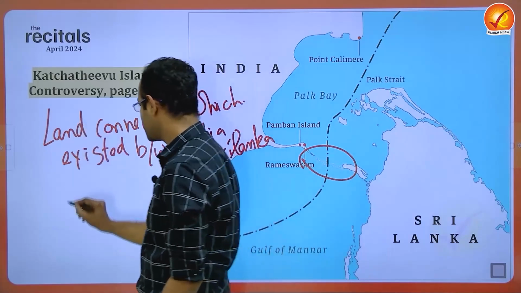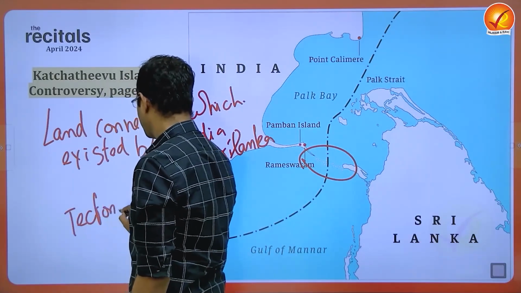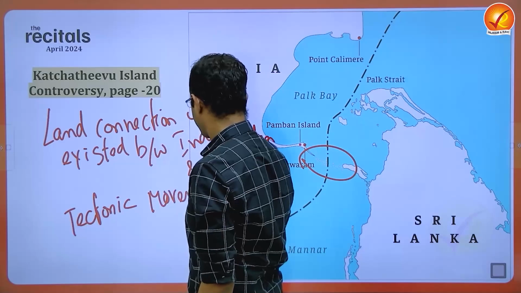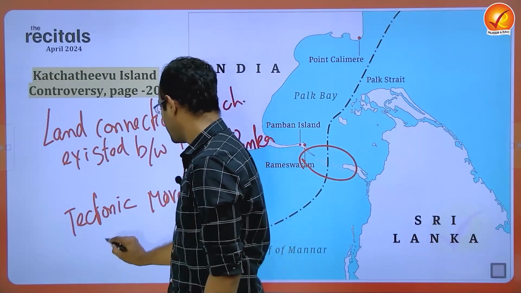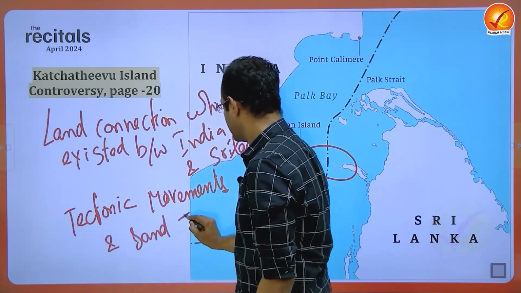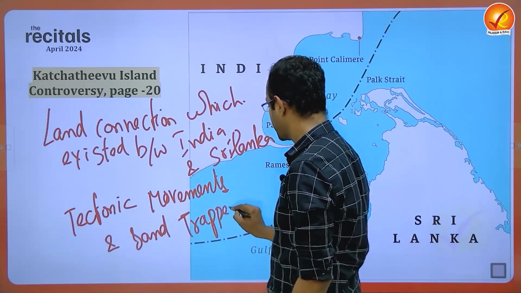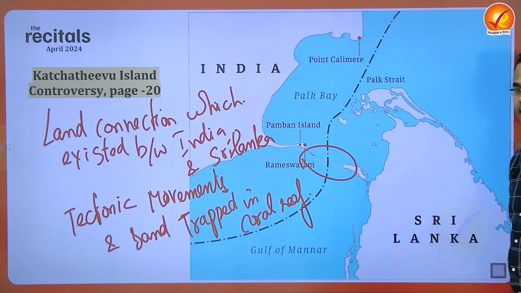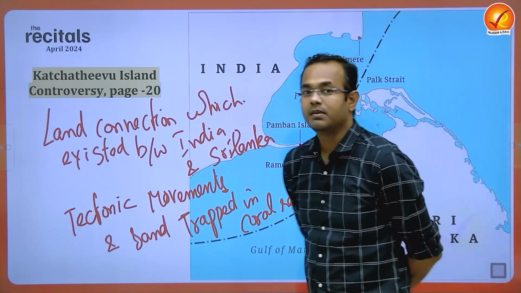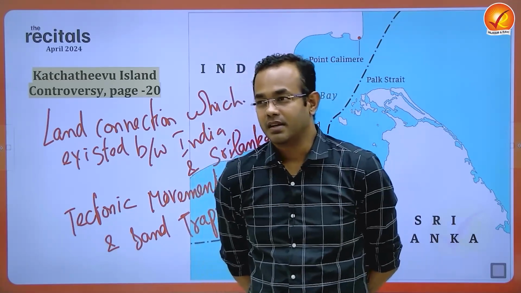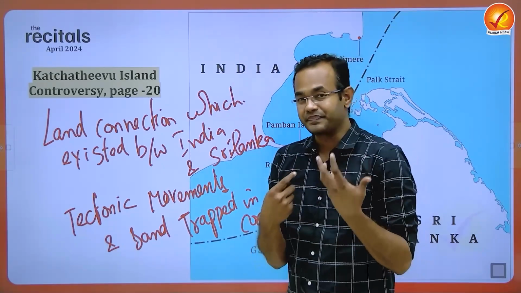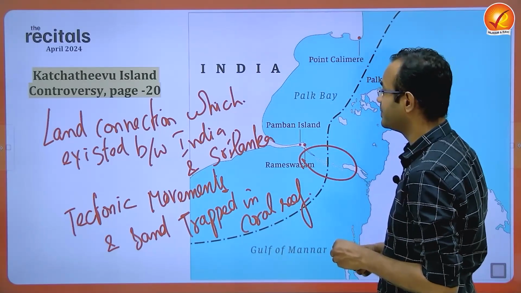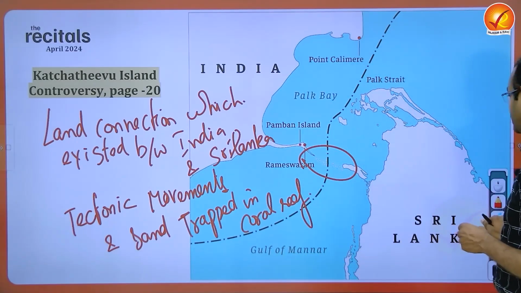The scientists believe it was formed because of tectonic movements and sand getting trapped between coral reef ecosystems. Whereas people believe it as Ram Setu, which is a matter of faith, devotion and belief.